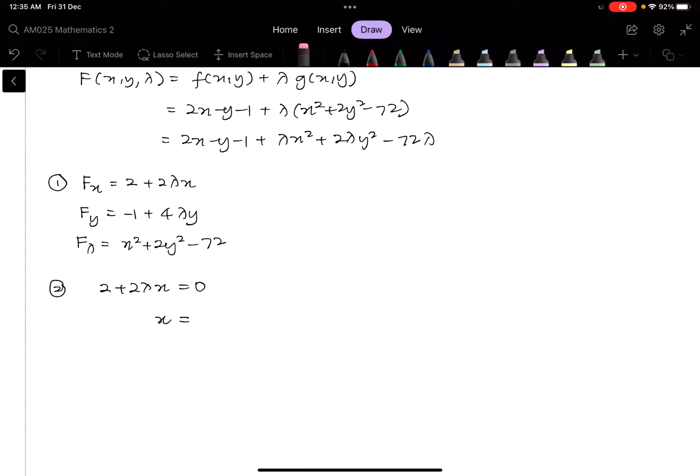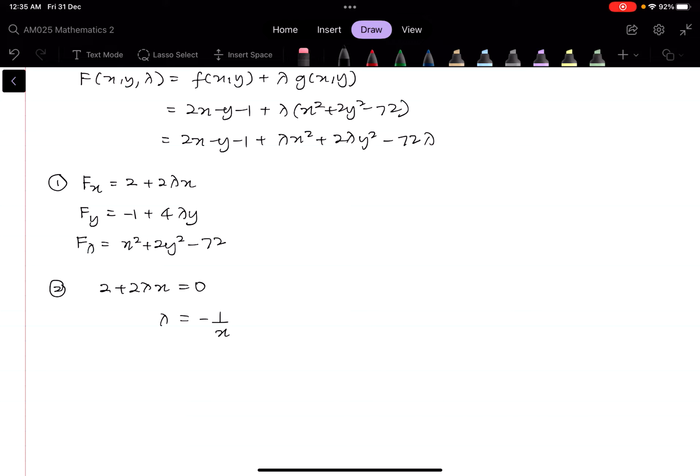I'm going to make lambda the subject, not x. So lambda equals, if I bring the 2 to the right and divide by 2x, I'm going to get negative 1 over x, right?